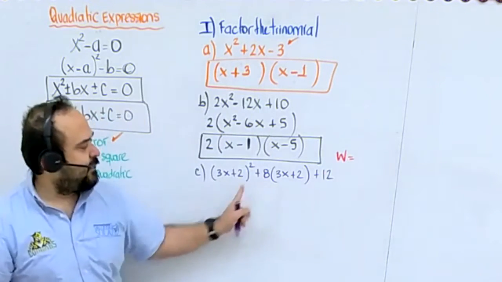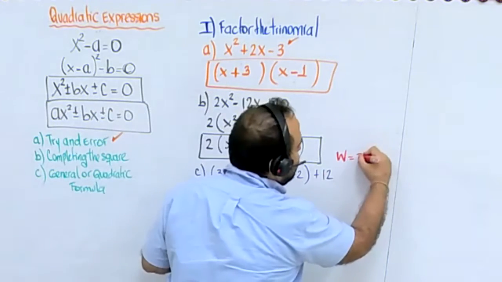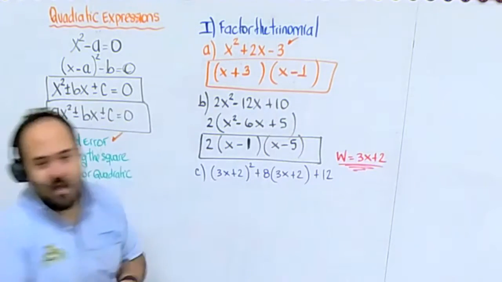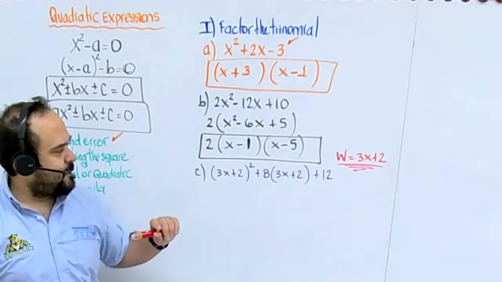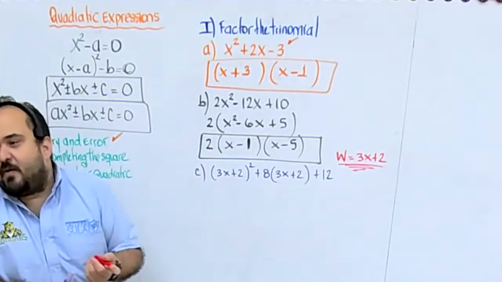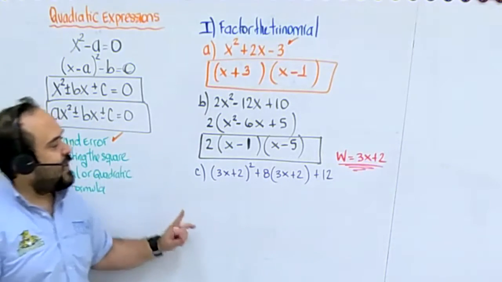Because this 3x plus 2 repeats twice, I'm going to say W will be equal to 3x plus 2. I like the letter W, but you can use Y, U, or P. What is the purpose?